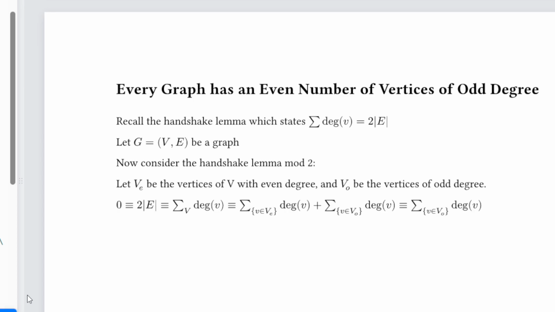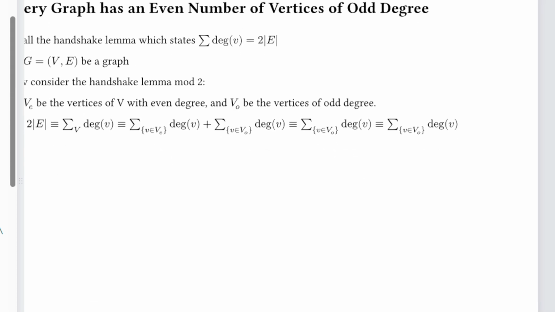So here we want to show now, from this final equality, that we must have an even number of these vertices. Okay? And now, mod 2, all of these vertices, since they're all odd, these are all equivalent to 1. Okay?